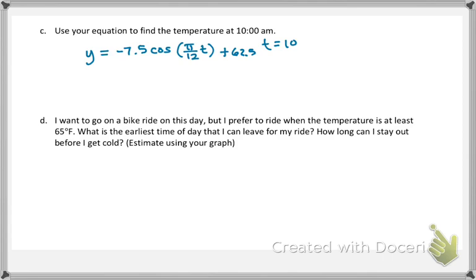Okay, and so plugging 10 in for t, negative 7.5 times the cosine of 10 over 12 pi, so I can reduce that to 5 pi over 6, plus 62.5, and just make sure that when you plug into the calculator, you are in radian mode. Okay, although you can probably calculate the cosine of 5 pi over 6 yourself. 5 pi over 6 is in quadrant 2, right, with a reference angle of 30 degrees, pi over 6.